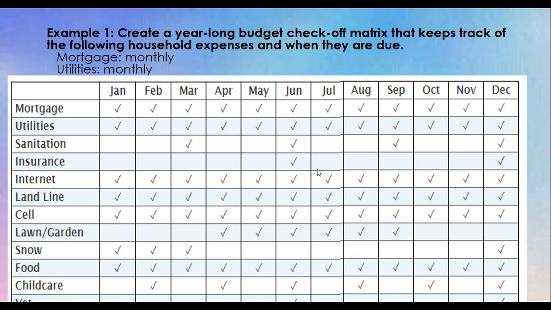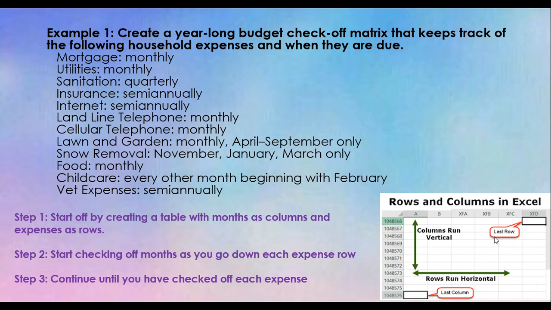Insurance is semi-annually in June and December, the 6th month and the 12th month, or maybe it's January and June. I don't know. Internet's monthly, landline is monthly, cell phone's monthly. Lawn and garden, you're only paying during the summer months from April to September, so check off every single month there. Snow removal starts in December and goes through March. Oh, so it does. Let's read that again.